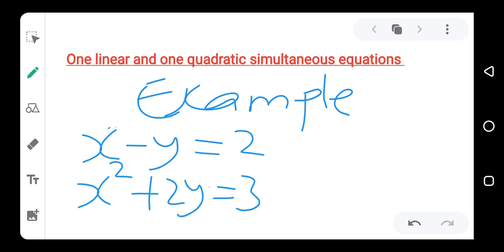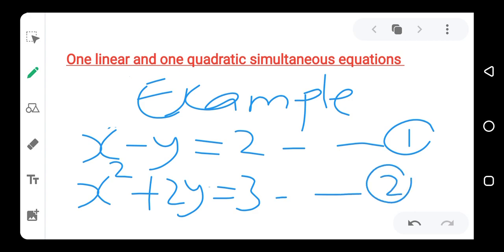Let's call this one equation 1 and let's call the other one equation 2. Now equation 1 is a linear equation because the highest power is 1, while equation 2 is a quadratic equation because the highest power is 2. Now to solve this simultaneous equation, we start with the linear equation. We make one of the unknowns the subject of the formula. Now let's make x the subject of the formula.